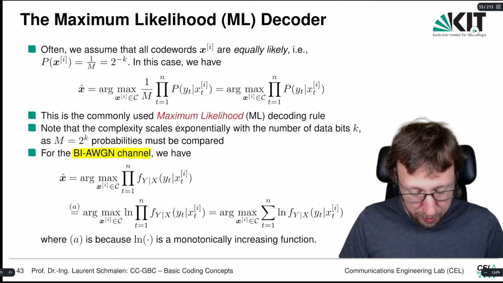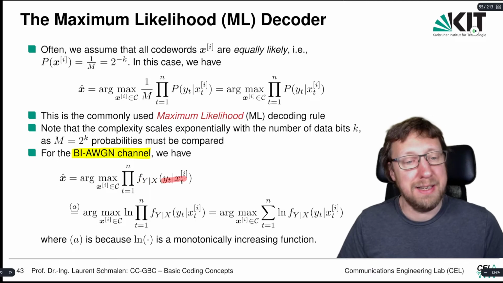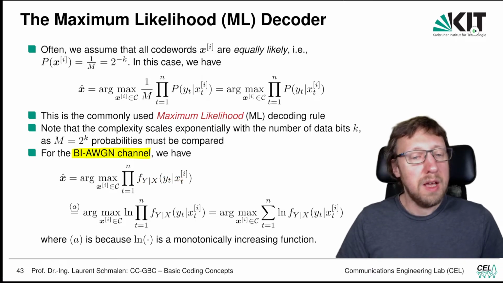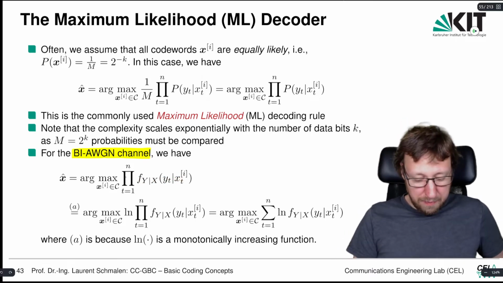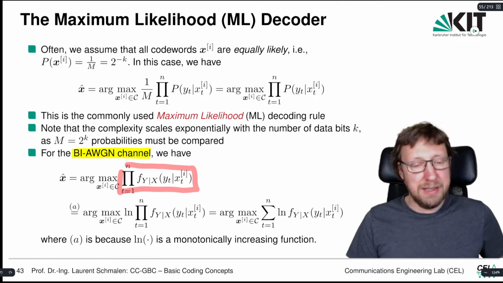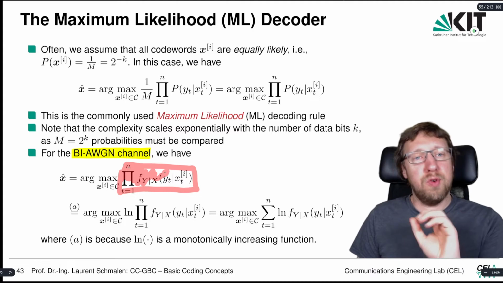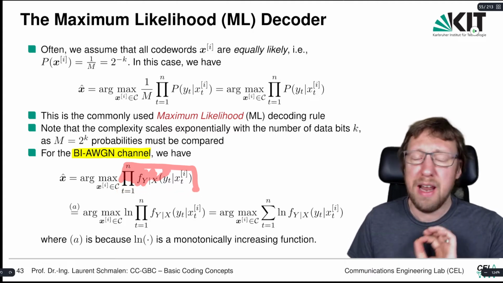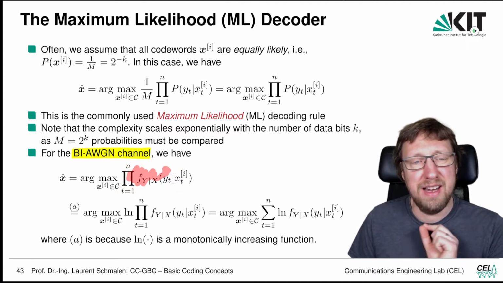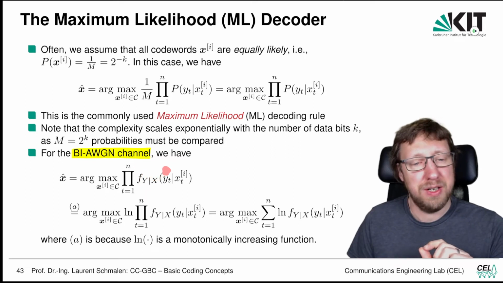So we have the product of f of yt given xt. Now this is a rather nasty function because it's a product. Very often we don't like products. In engineering, we never like products. Products are ugly and nasty. We like summations.